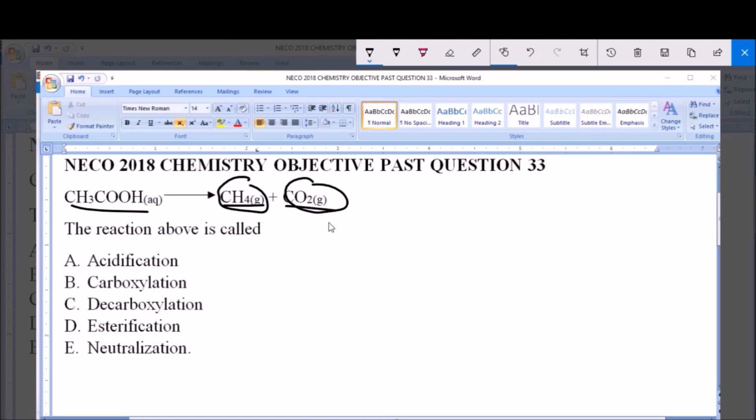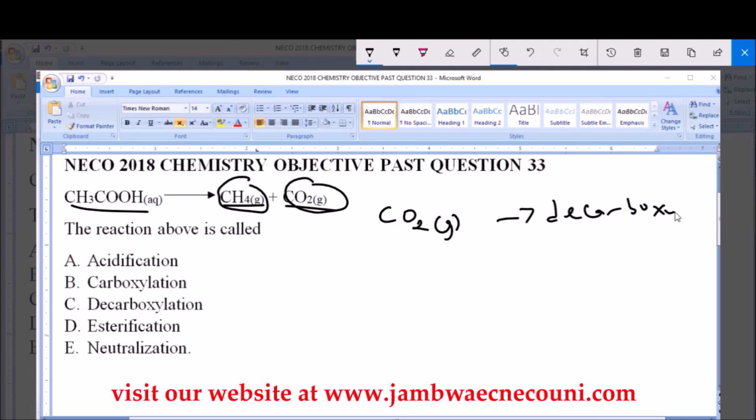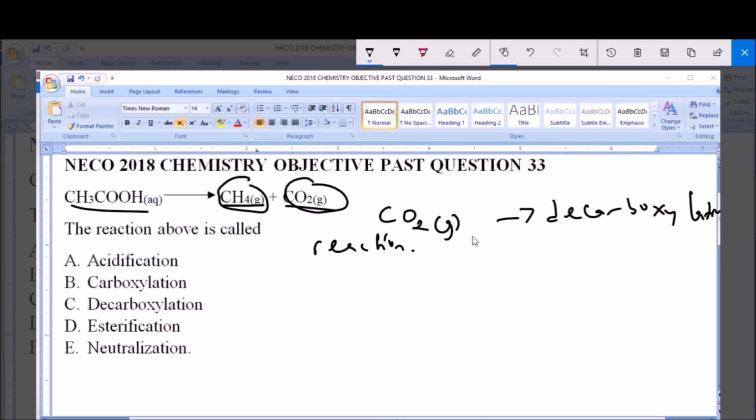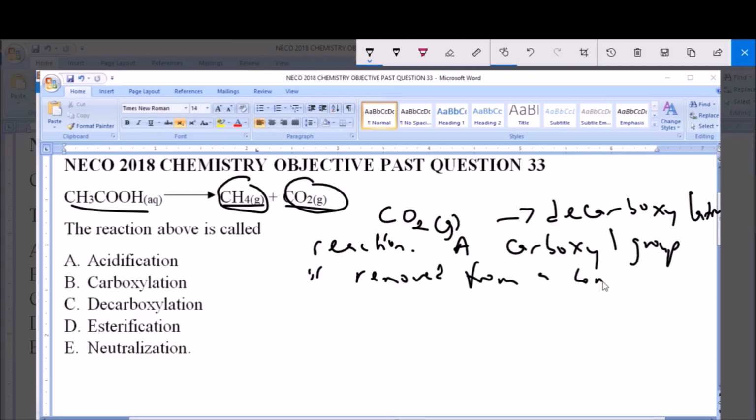Now any reaction that involves removal of carbon dioxide is known as a decarboxylation reaction. Now in a decarboxylation reaction, what happens is that a carboxyl group is removed from a compound and carbon dioxide is evolved.